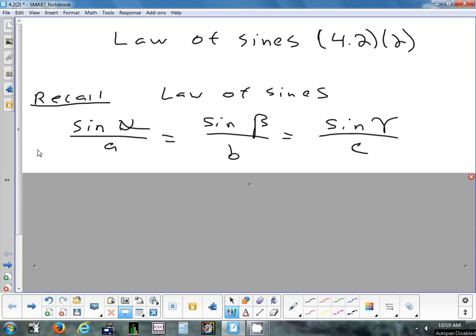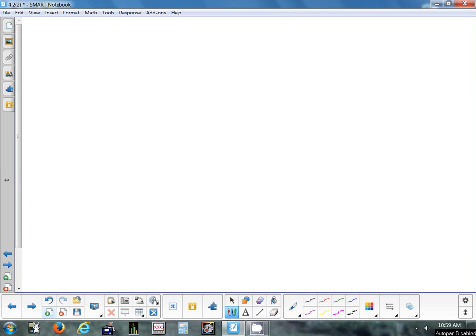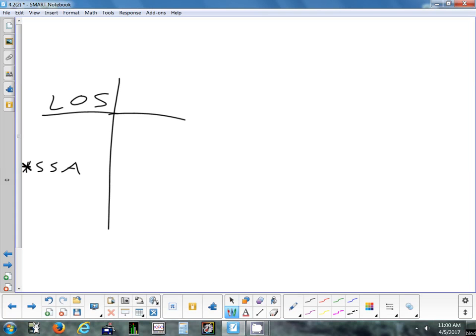Just to recap, if you've got law of sines, can somebody remind me, what are the three types we have under law of sines? Jamel? All right, so we've got side angle. I'm going to put that one there and put an asterisk because that's the one out of all of them you've got to be careful.